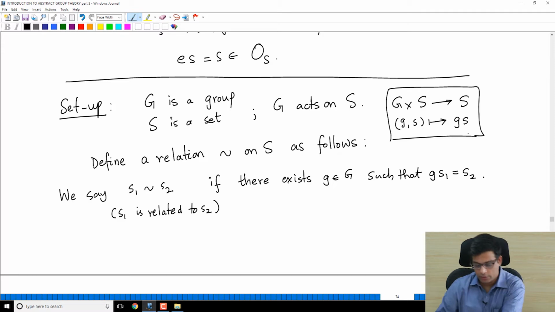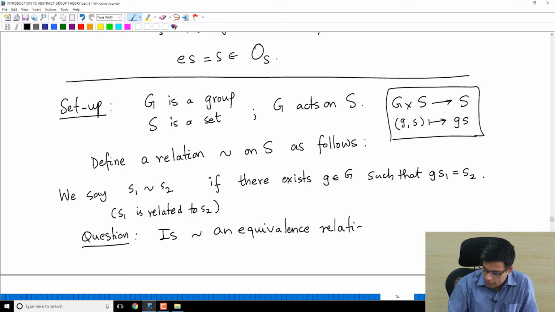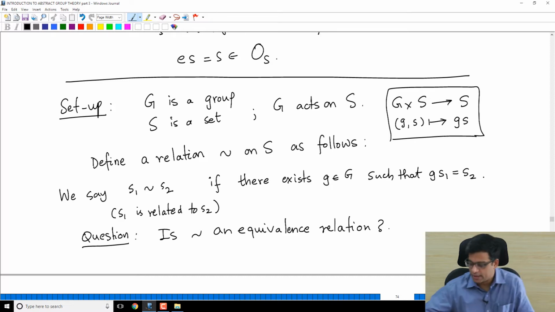So now this is the relation I am defining. s1 is related to s2 if there exists a group element such that gs1 is equal to s2. So now the question is, is this an equivalence relation? Remember, an equivalence relation is a relation satisfying some conditions.